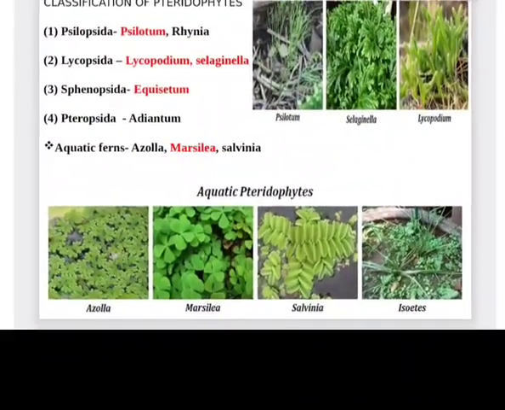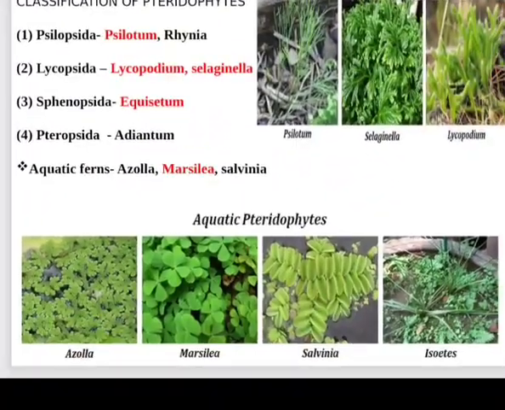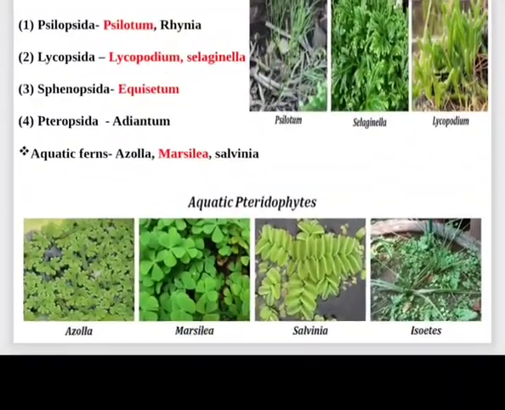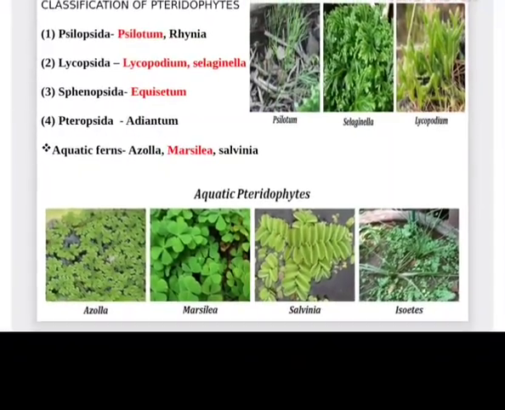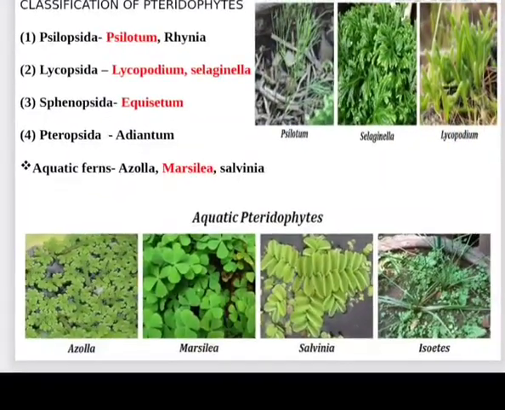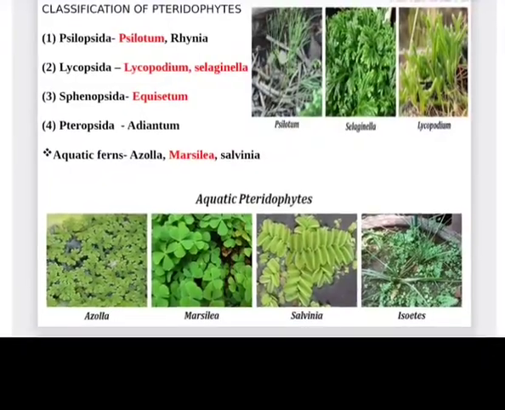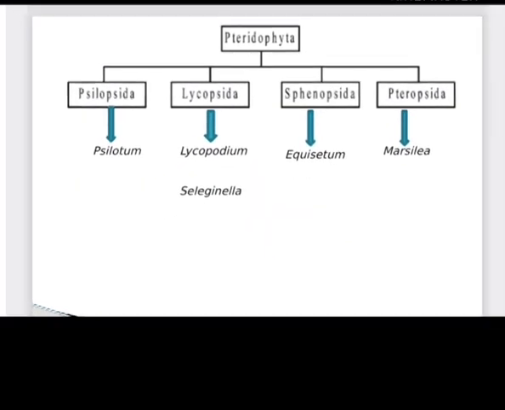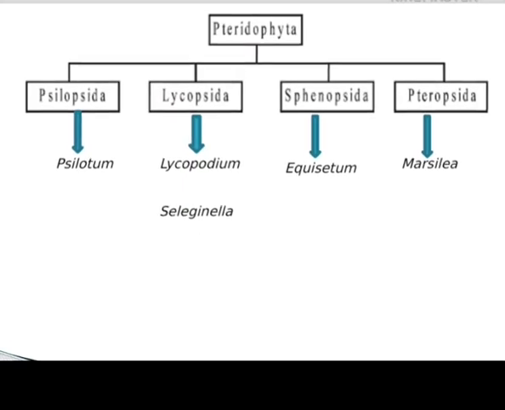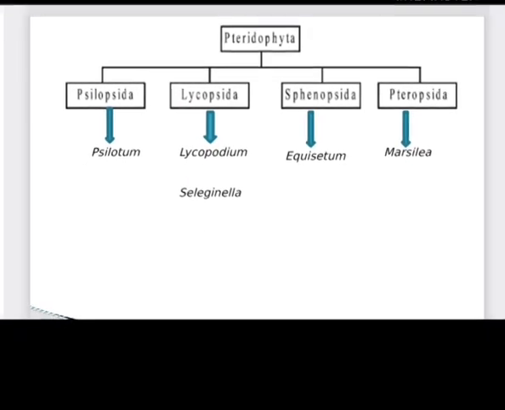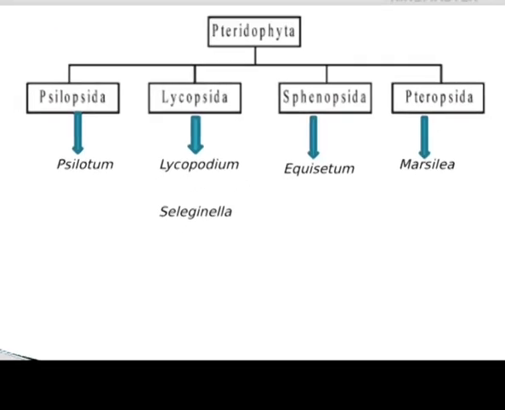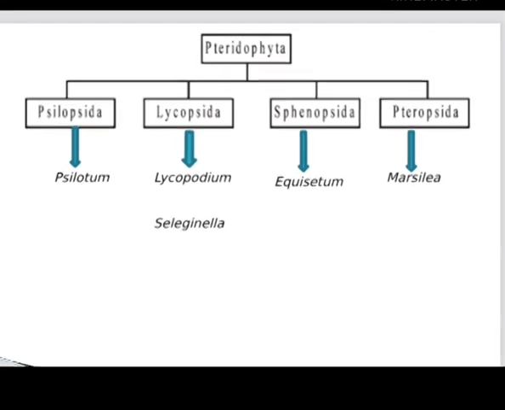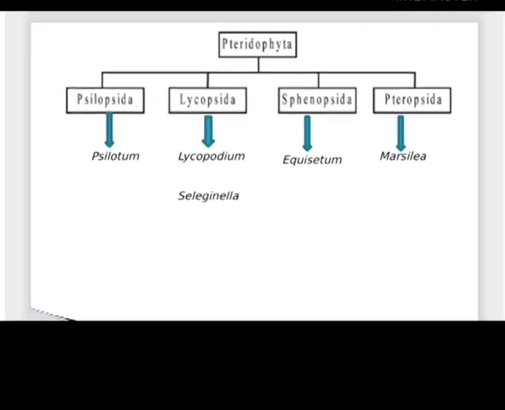Now the classification of pteridophytes. Psilopsida, that includes Psilotum and Rhynia; Lycopsida, Lycopodium and Selaginella; Sphenopsida, Equisetum; Pteropsida, Adiantum and the aquatic ferns Azolla, Marsilea and Salvinia. So this is the classification of pteridophytes.